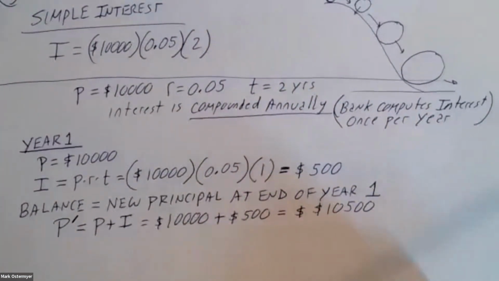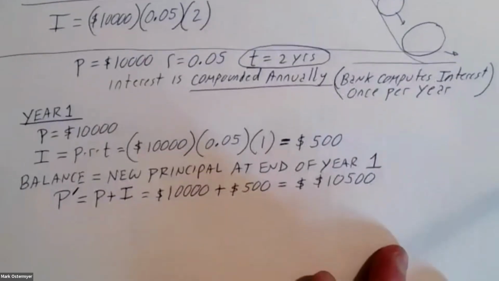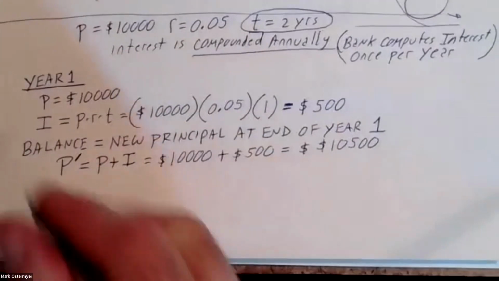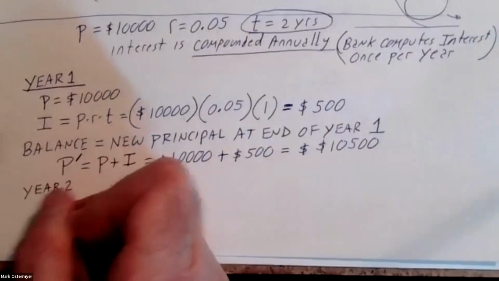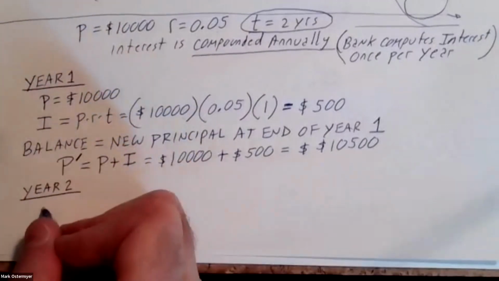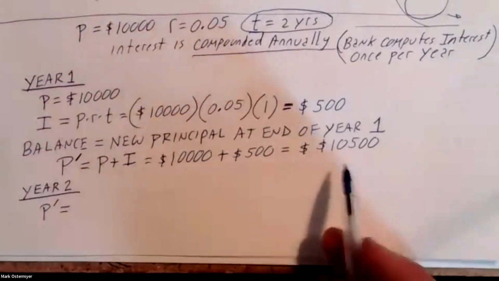But ladies and gentlemen, we're leaving our money in this account for how many years? 2 years. So now we got to venture into year number 2. So on your paper now, I want you to write down year 2. But what's our new principal? Our new principal has been updated by $500.